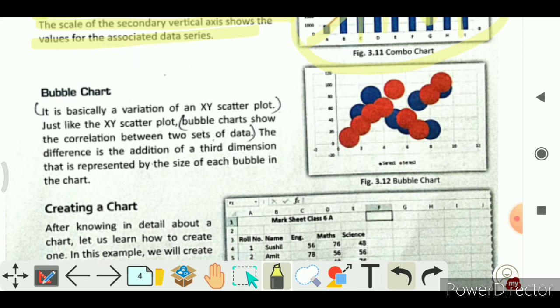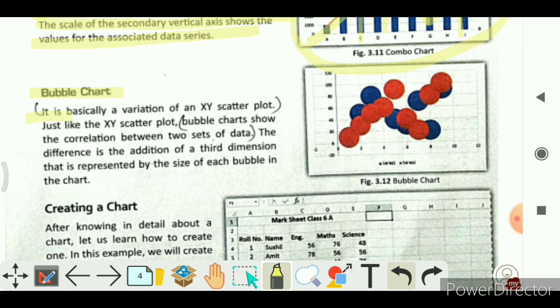So let us see, this is similar to the XY scatter chart, but is different in terms of its thickness. So let us see the bubble chart.